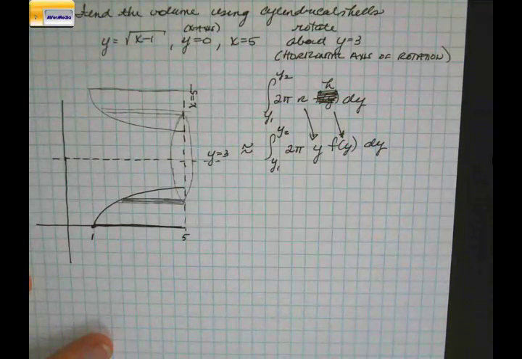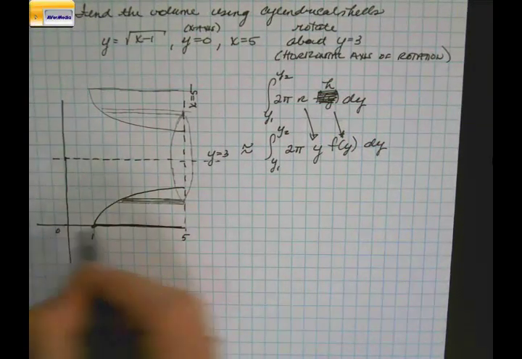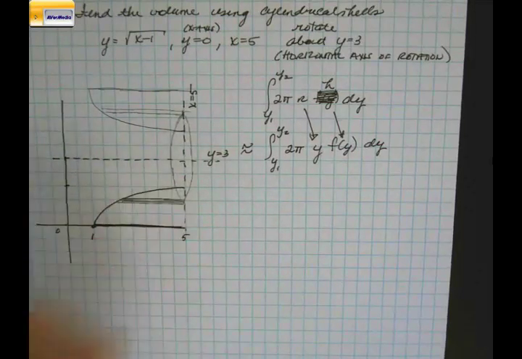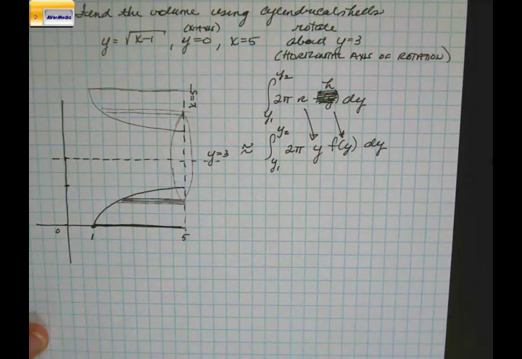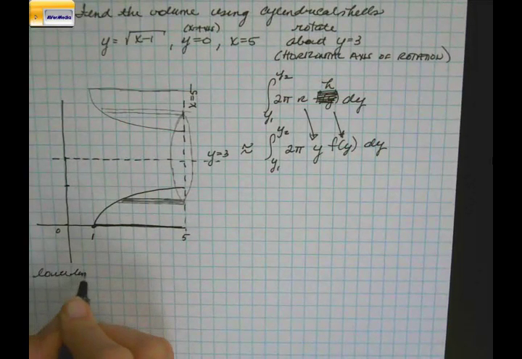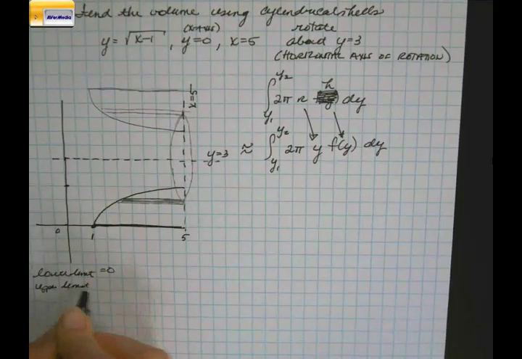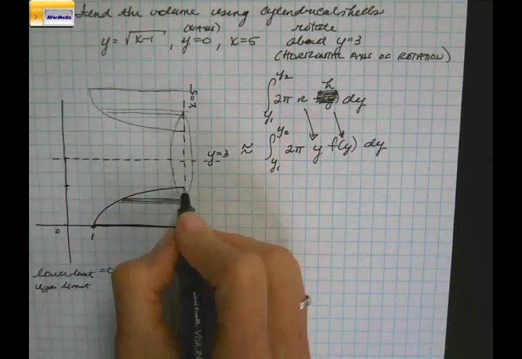Okay, so my boundaries. This is a height of 0, and this is a height of what? So your lower limit is 0, and your upper limit, he says it's 2. Well, let's see.